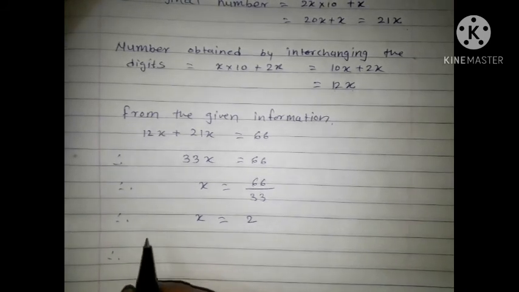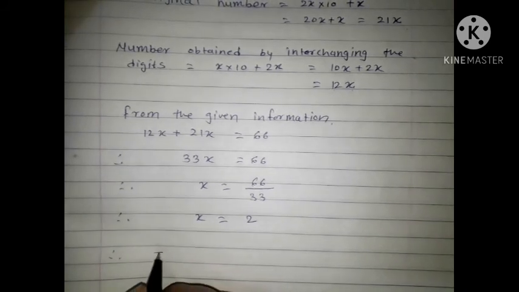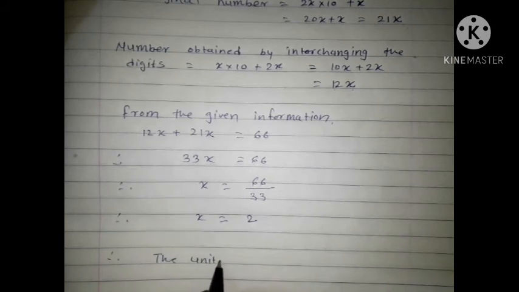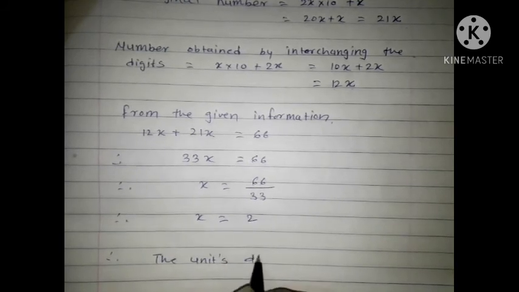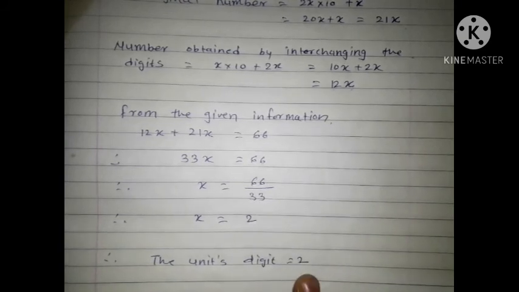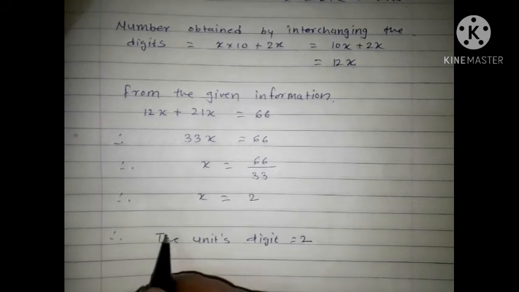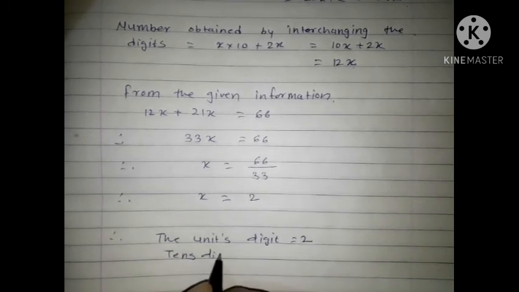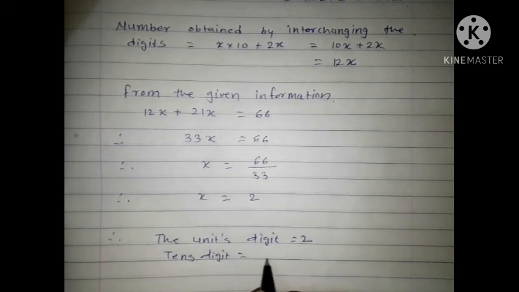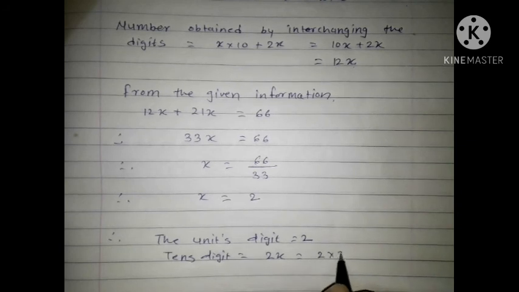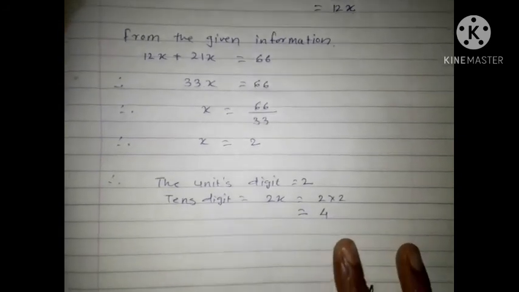Therefore the unit digit is 2. The digit at the unit place is 2, and the tens digit is equal to 2x, which is 2 into 2, equal to 4.